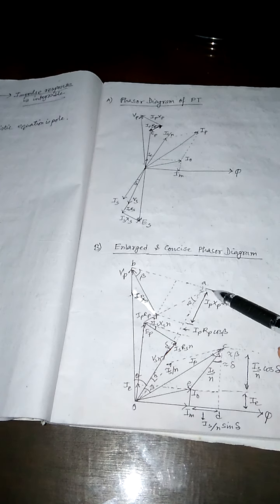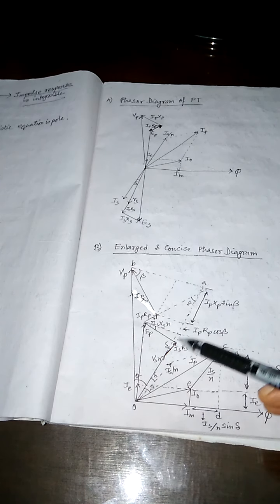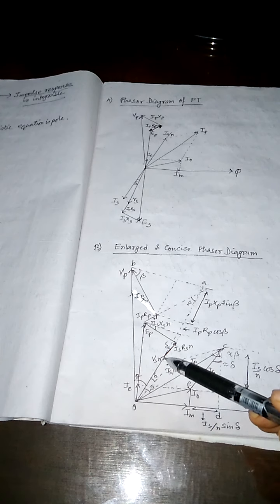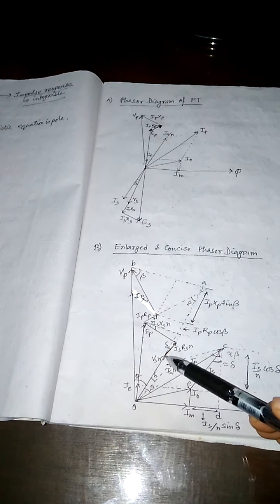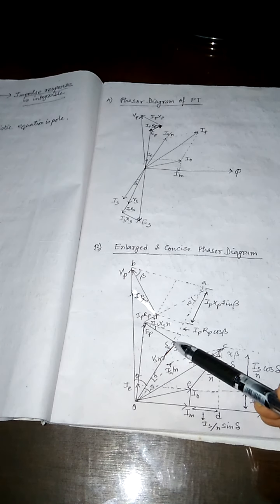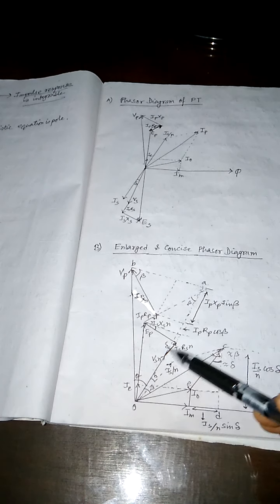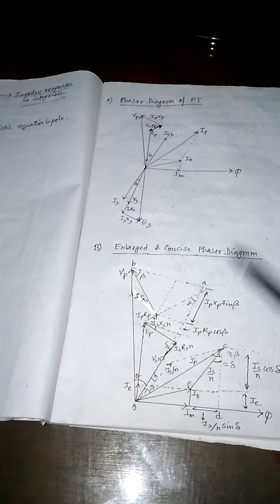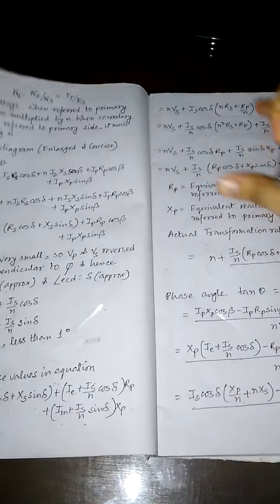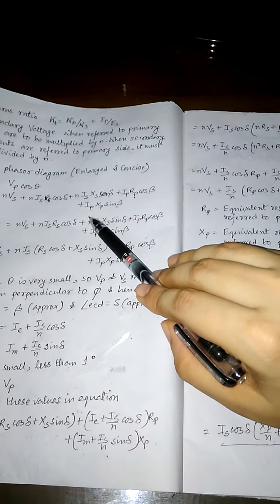See, IPXP sin beta, IPRP cos beta, by this NVS, clear? So that is NVS, this part is ISRS cos sigma, ISXS sin sigma. So by this we can consider this line OA equal to VP cos theta. So that is VP cos theta equal to this.